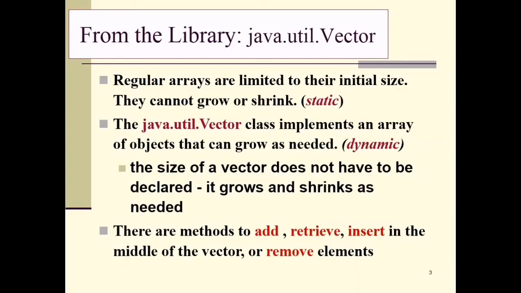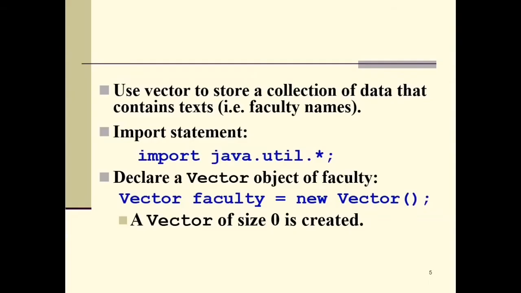Alright, first step, the import statement. So import java.util.Vector. If you want to use a vector, then you declare a vector object named faculty. So it is Vector faculty = new Vector. So now you have a vector of size 0 created.